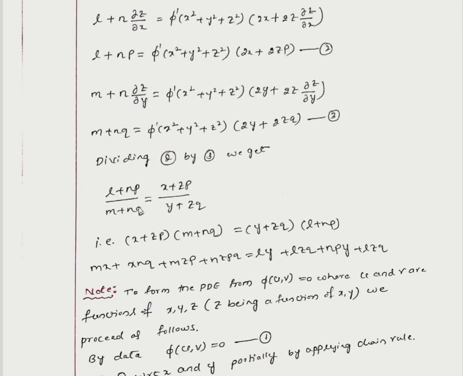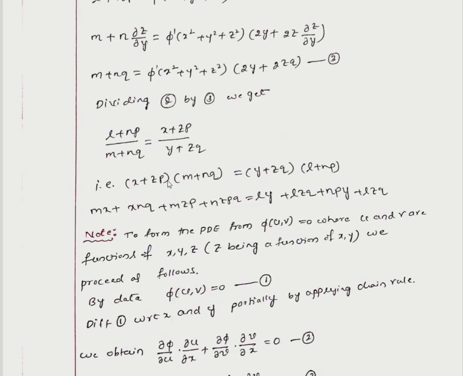And the cross multiplication: (x + zp) into (m + nq) is equal to (y + zq) into (L + np). Therefore mx must multiply with x, therefore mx + xnq + mzp + nzpq is equal to, here multiply with L: Ly + Lzq.